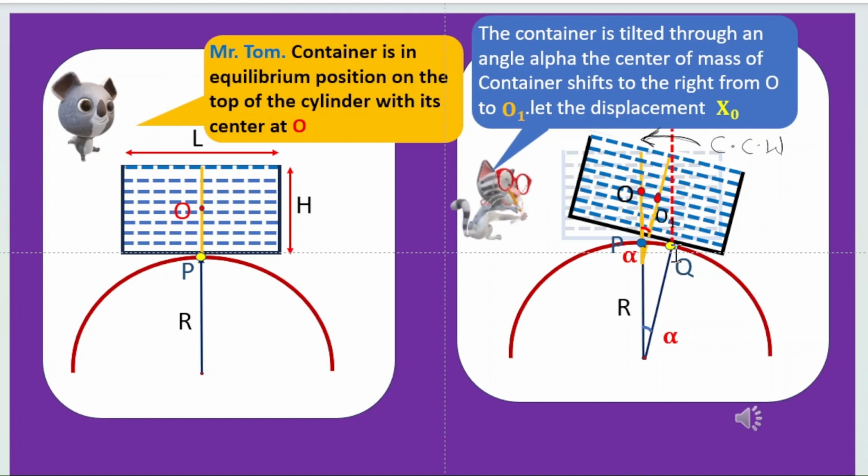At the point of contact Q, draw one vertical line. Then, the displacement of the contact point is greater than the displacement of the center of mass of water. Then the moment of the center of gravity about this point of contact rotates this container in the counterclockwise direction and brings this container back to its equilibrium state.